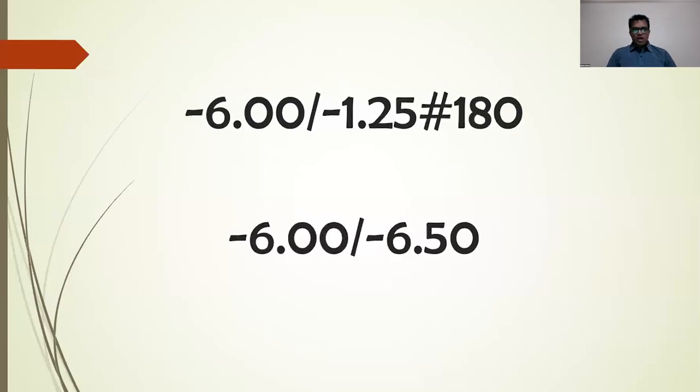Another example: you have a -6 with a -1.25 diopters with an axis of 180. This is where a patient is supposed to be seeing 6/6 vision, and for some reason you end him up with a -6 diopters or a 6.5 diopters as a spherical equivalent, and you tell him, sir, this is the best that you can see. Now you realize that with the spherocylinder, the person is able to read 6/6, but with the spherical equivalent, he's able to read only about 6/9, or about 1 line lesser, or 6/12.